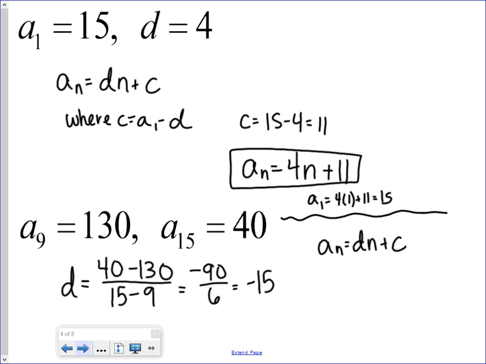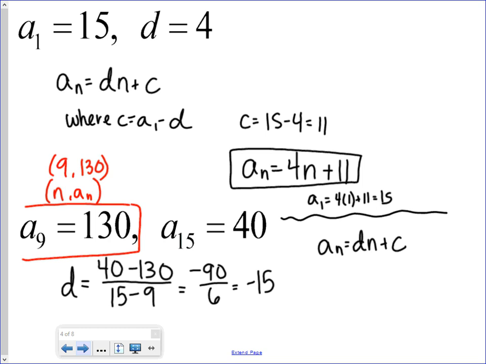So for example, I may pick the 9th term and think about what that is as an n, a sub n ordered pair. So the value of n is 9, the value of the term is 130, and then I can plug those things in for n and a sub n in my formula.